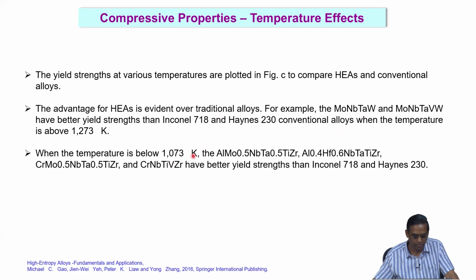Of course, when the temperature is below 1073 Kelvin, the aluminum, molybdenum, niobium, tantalum, titanium, zirconium alloy and other alloys have a better yield strength than the Inconel and Haynes. They are all the reference material for high temperature. That is why we are talking about Inconel 718 and Haynes 230. They are always a reference material.